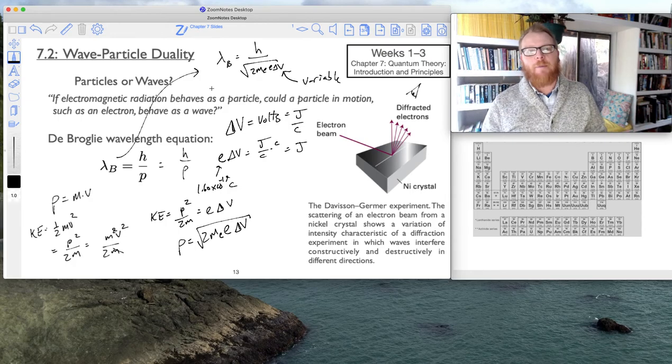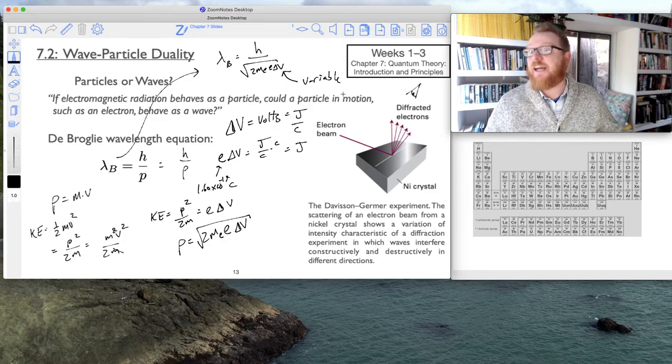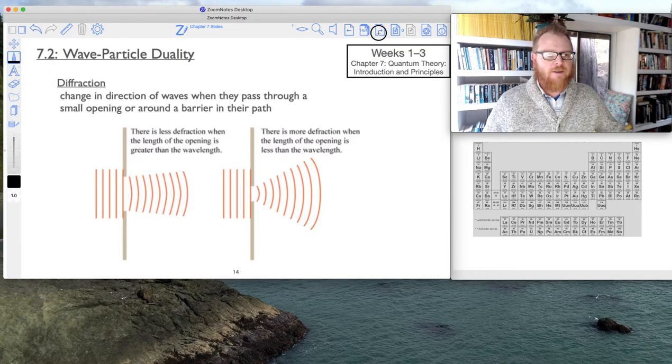Okay, so I'm going to ask you to use this equation in our first Mathematica assignment to do some calculations. Okay, so great. I think that is pretty good.